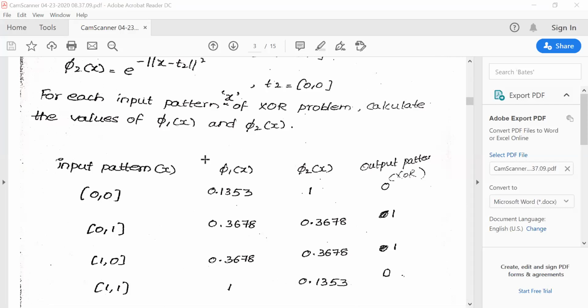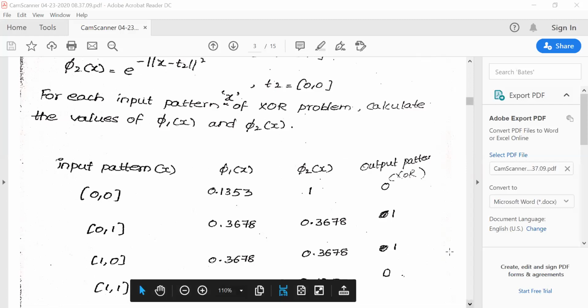In that way also you can see it: e power minus 0, anything power 0 is always going to be 1. So it is going to be 1. So this is 0.1353 and this is 1. Similarly, you can calculate for the other x. These input patterns are x, and these are phi1 and phi2 values that represent the corresponding output vector.